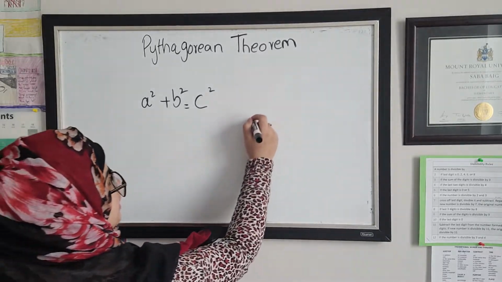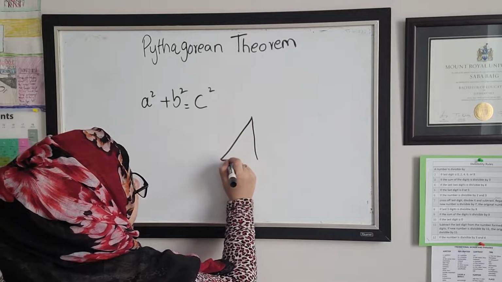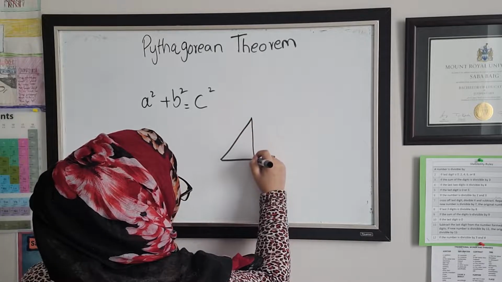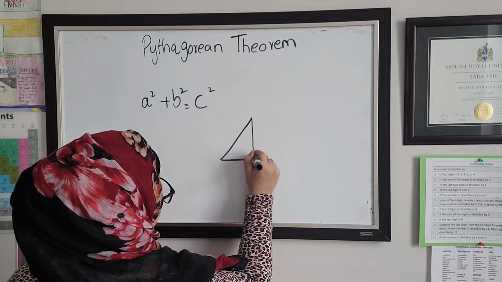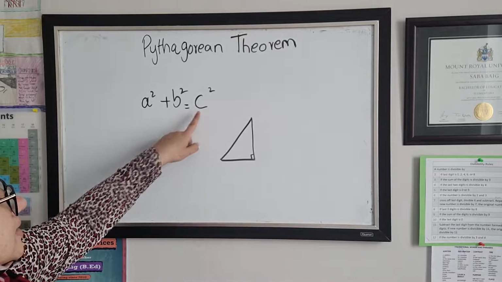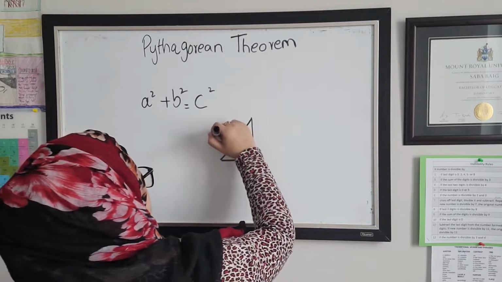So here I'm going to be using a triangle, and this theorem only works with a right triangle. Okay, only with a right triangle, which has a 90 degree angle. So this C is considered the hypotenuse. This side, the slanted side, is always the hypotenuse.